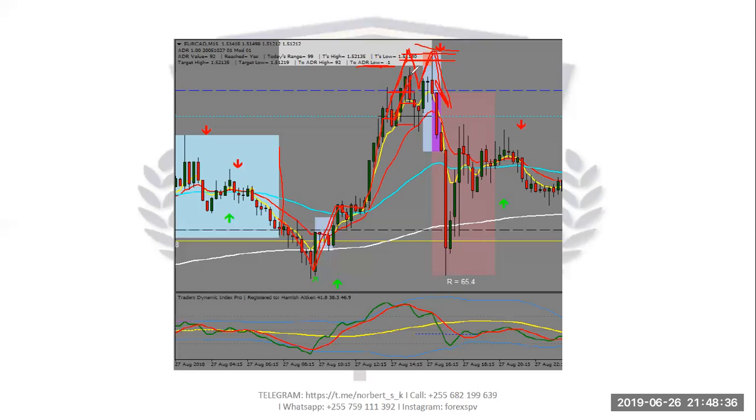So the dealer here would come down, fetch the stop losses, and then you come for the second leg. The second leg is used to trigger the pending orders around this area. So as he opened the pending orders here, he fetched enough liquidity for him to swing the market away. There comes the second leg.